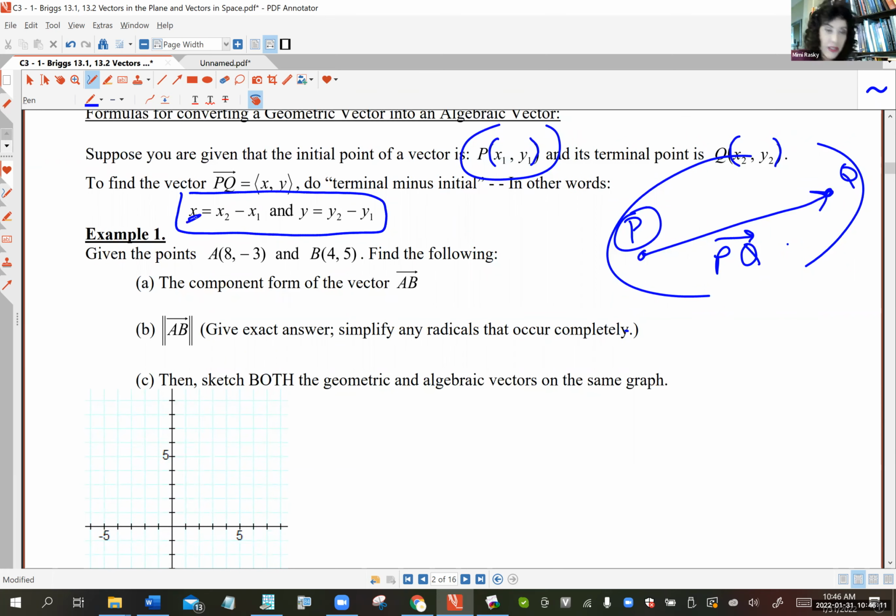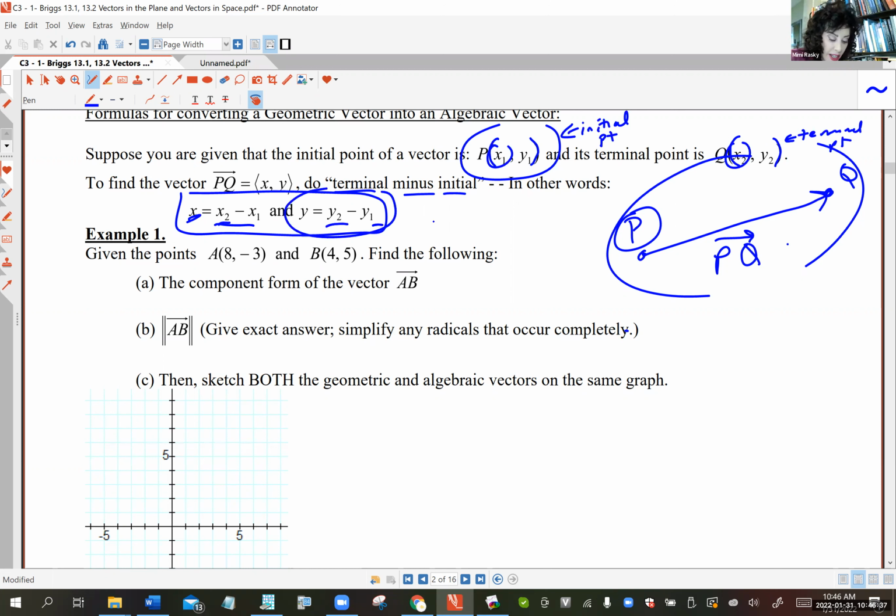The new X for your vector, the new X in standard position, is the difference of the X coordinates of the two points, but order matters. It has to be terminal minus initial. So P would be the initial point and Q would be the terminal point. You do the terminal X coordinate minus the initial X coordinate. That will give you the brand new X coordinate of the vector in standard position.